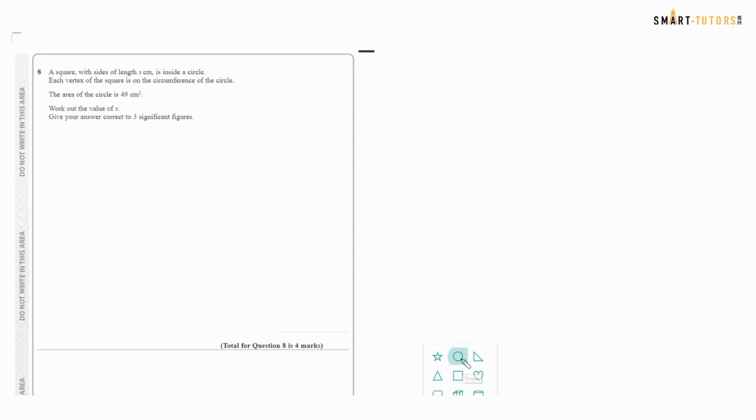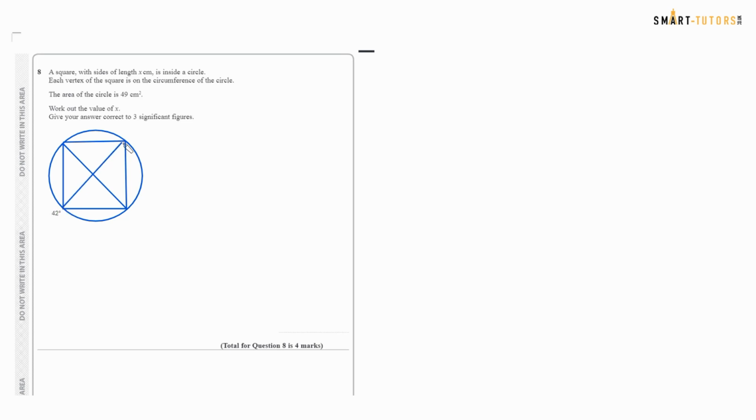So let me draw a circle first, trying to understand how the things come. So this is my circle. And I'm going to draw a square, and I'm connecting the diagonals of the square, which is going to be the diameter of the circle.